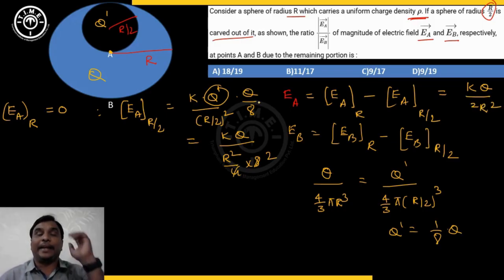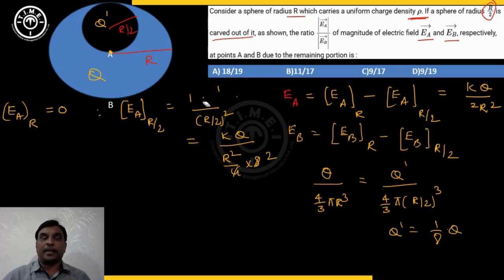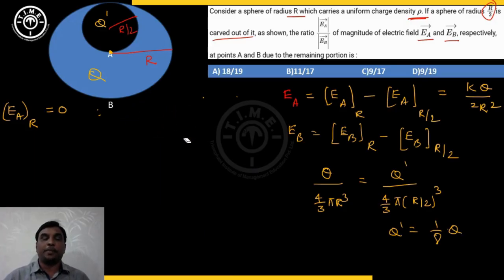Okay, got it? Now let me calculate electric field due to bigger sphere and smaller sphere at point B. Point B is on the surface of the bigger sphere. So electric field at point B due to the bigger sphere of radius R is K Q by R square. What is the electric field due to the sphere of radius R by 2?